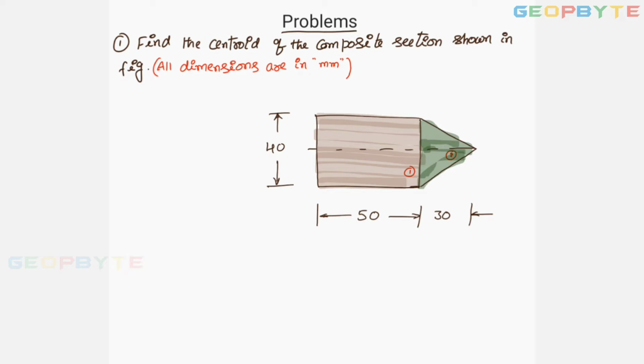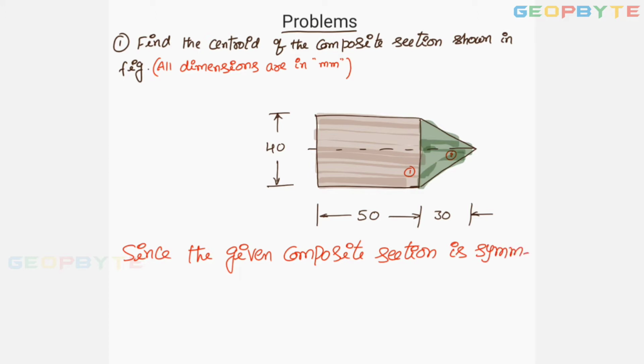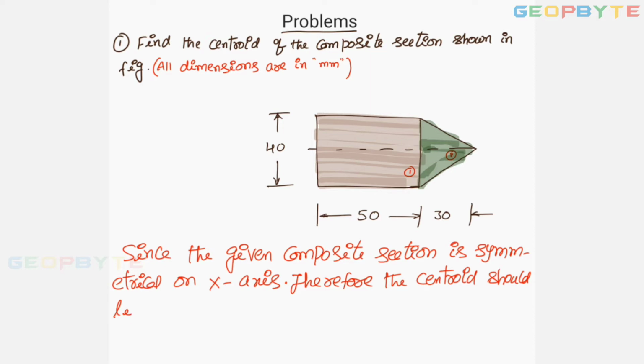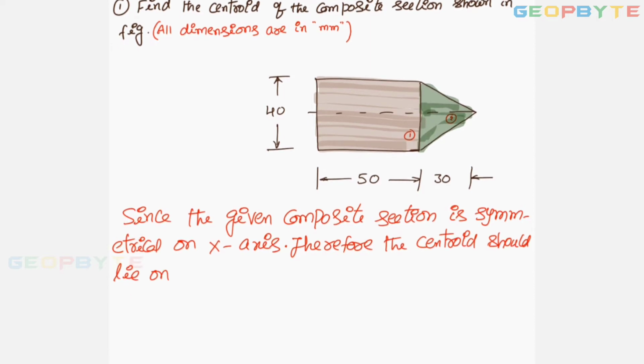Since the given composite section is symmetrical on the x-axis, therefore the centroid should lie on the x-axis. Then x bar equal to formula.